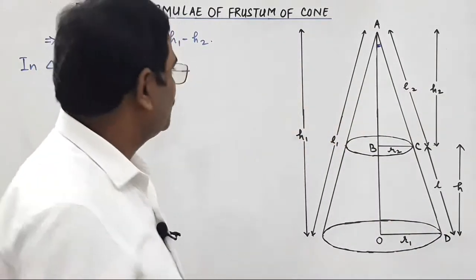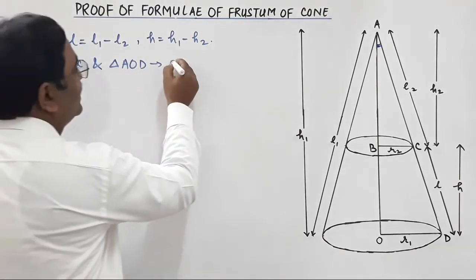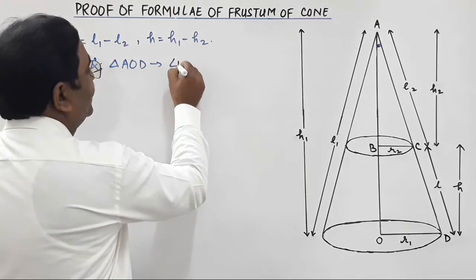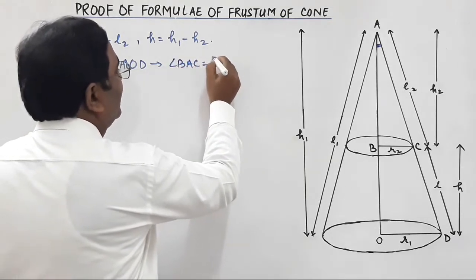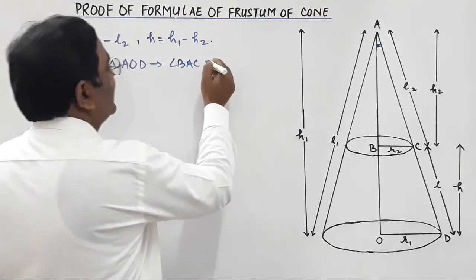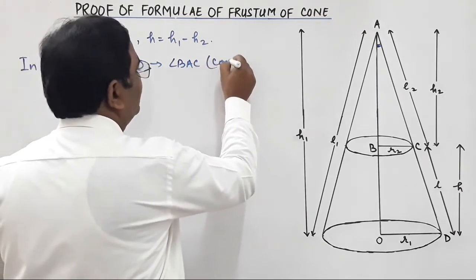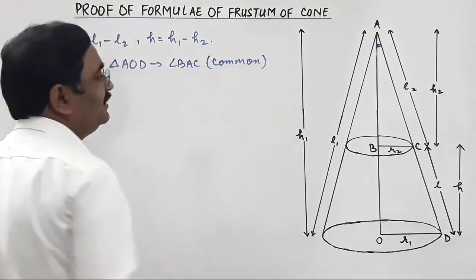So in these two triangles, angle BAC is equal to angle OAD, as this angle is common.